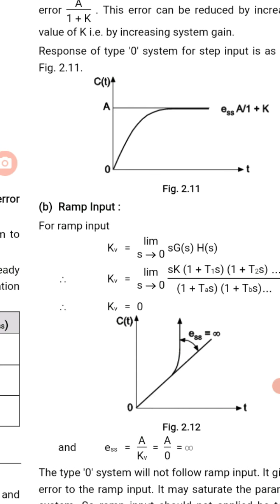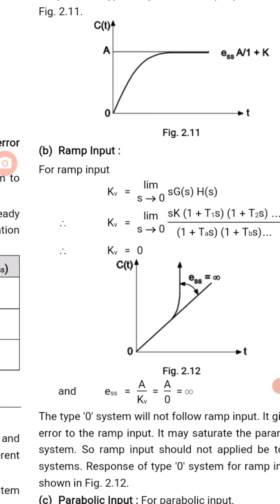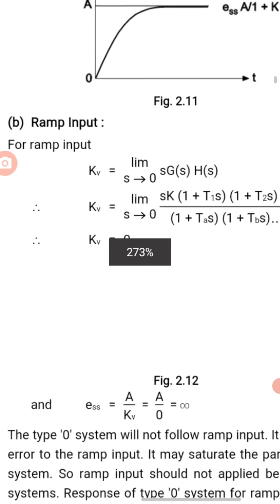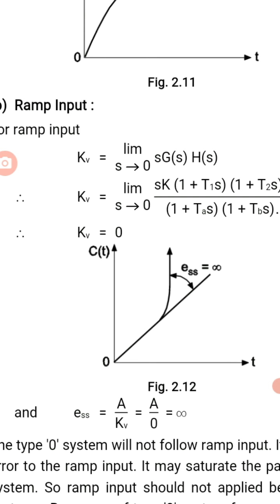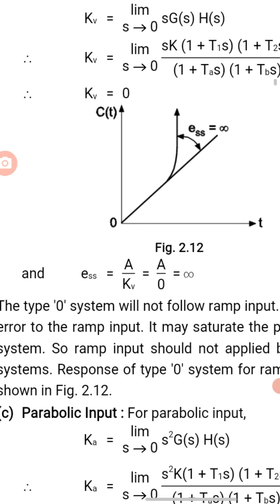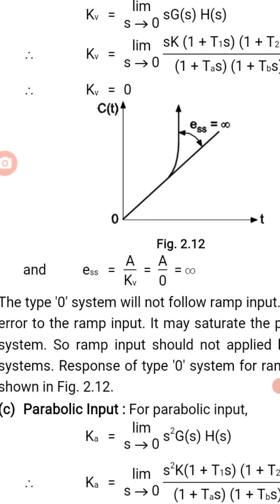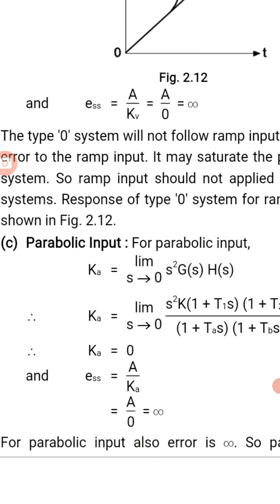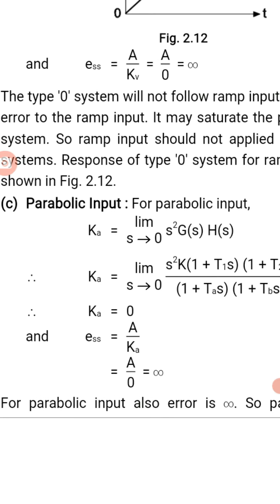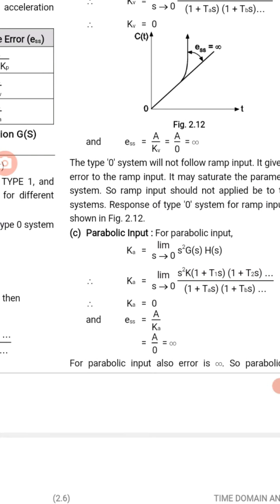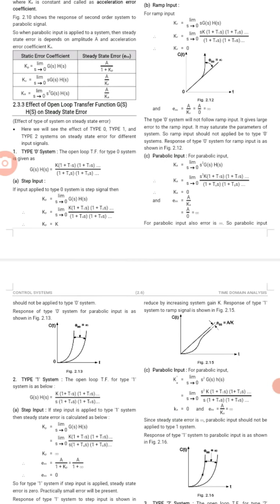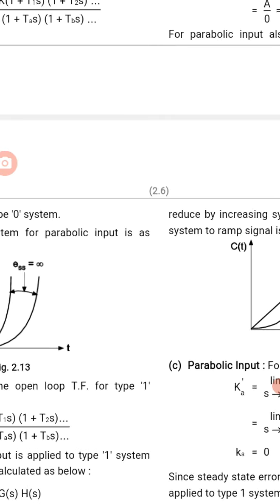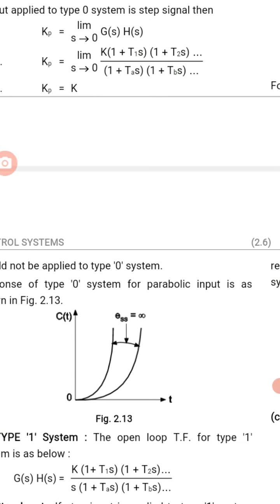When it is ramp input for a type 0 system, then steady state error is equal to infinity, and if it is parabolic input, then steady state error is infinity as given here.